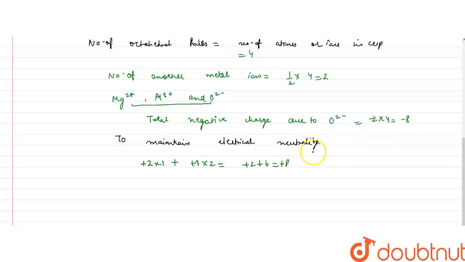It means the plus 8 charge is balanced by minus 8. It means the tetrahedral holes are occupied by Mg2+ and the octahedral holes are occupied by aluminium 3+.